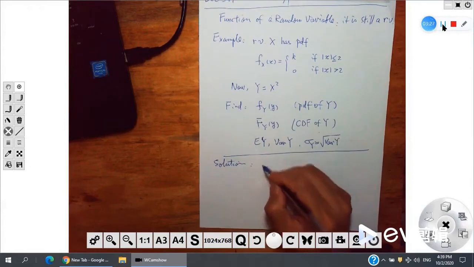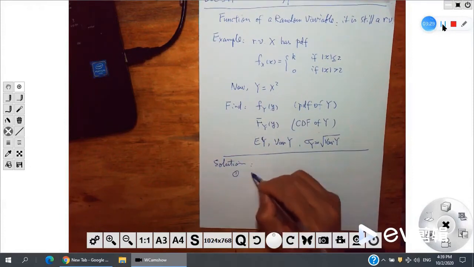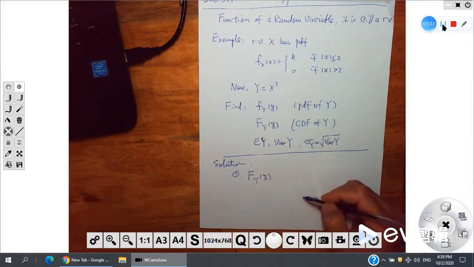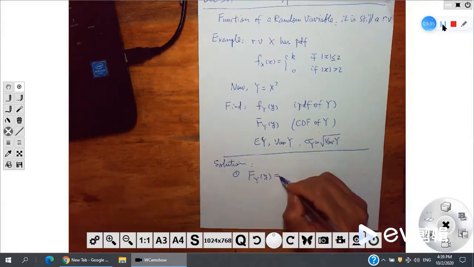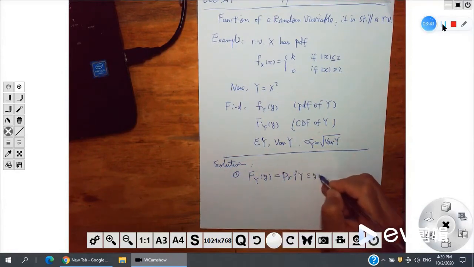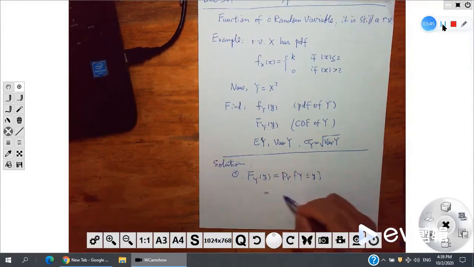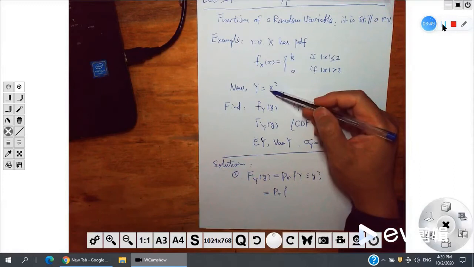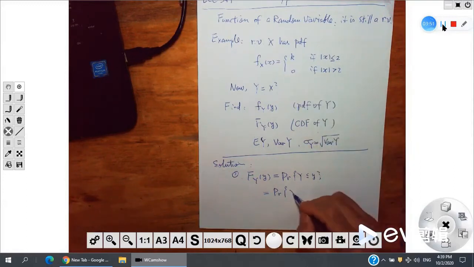So first, find Fy of y. By definition, this is the probability of the event capital Y smaller than or equal to lowercase y. Capital Y is X squared, so here is X squared smaller than or equal to y.